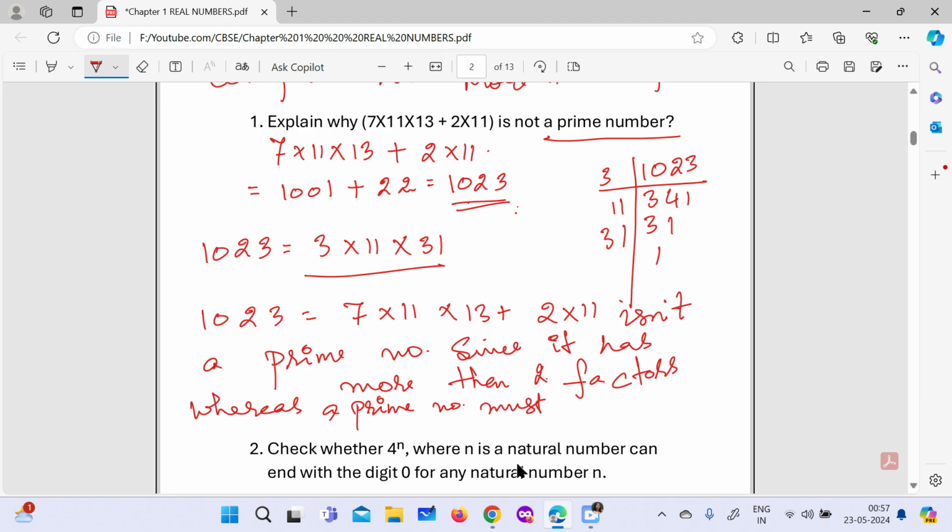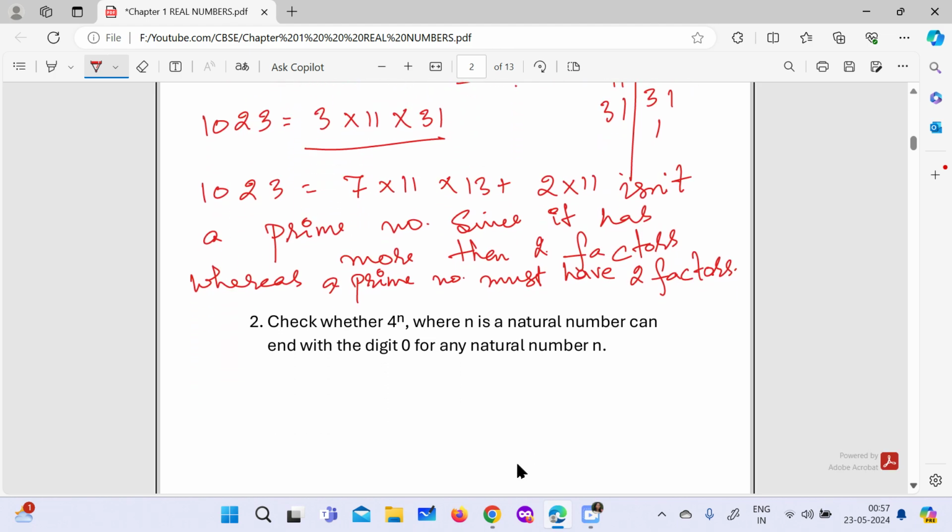You have to elaborate your answer properly, giving the proper reason. So we are done with this question. Let's move to the next question.